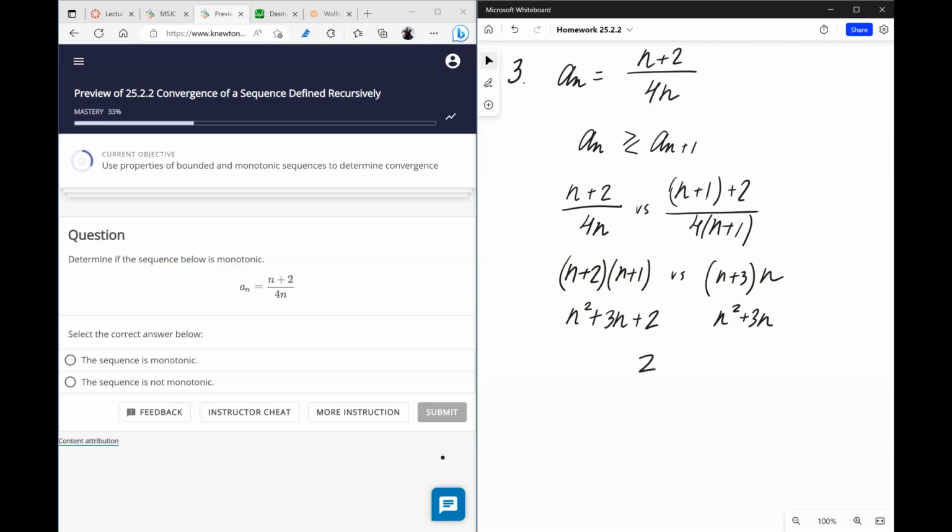And clearly 2 is always greater than 0. That means this is always greater, and so a_n is always greater. And if your successor is always less than its predecessor, then the sequence is decreasing, and therefore it's monotone.